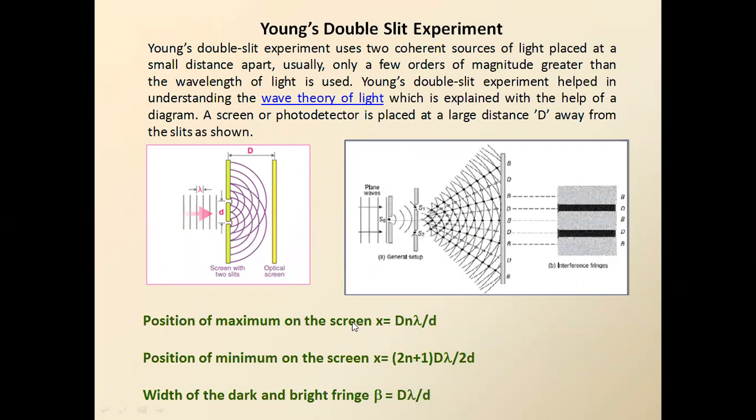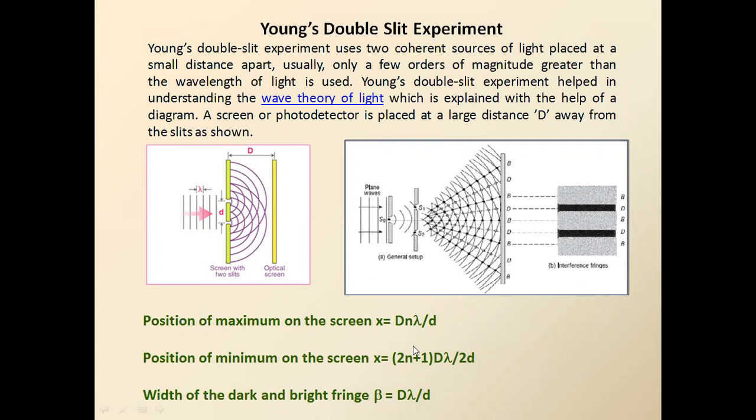The position of maxima on the screen is given by n D lambda by small d, where n is the order number, any number 1, 2, 3. The position of the minima is (2n plus 1) capital D lambda by 2 small d.